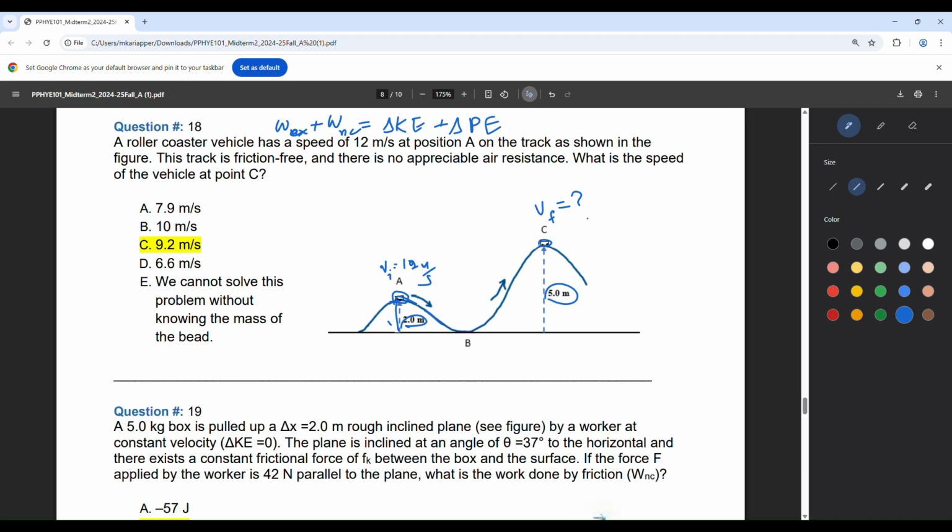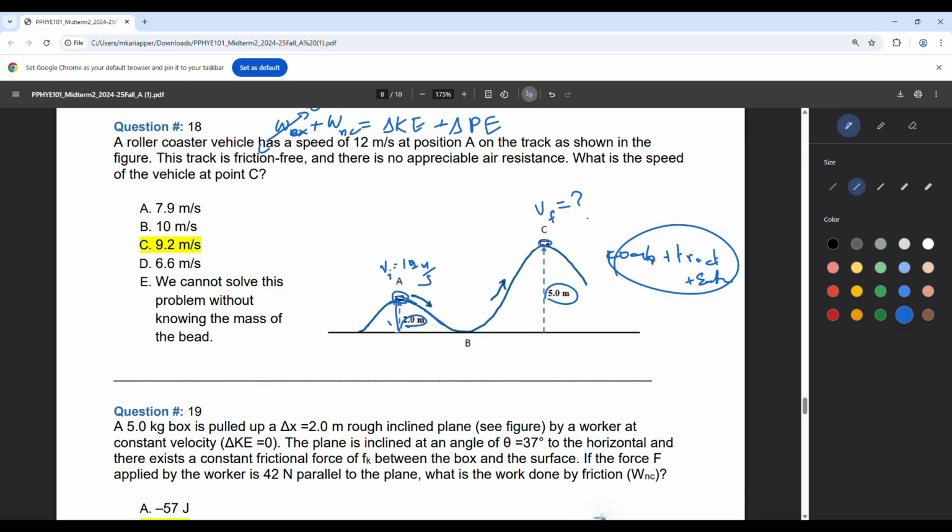Okay, our system, because now we are involving change in the potential energy, those are conservative forces. So our system consists of the roller coaster, the coaster, and the track, and the earth. For this system, we don't have any external force, isolated system.